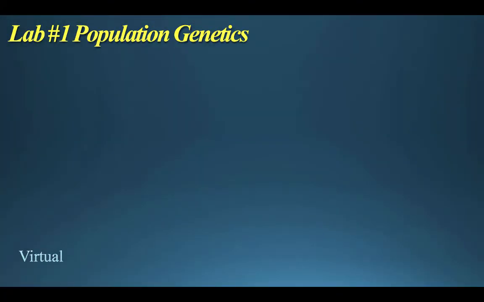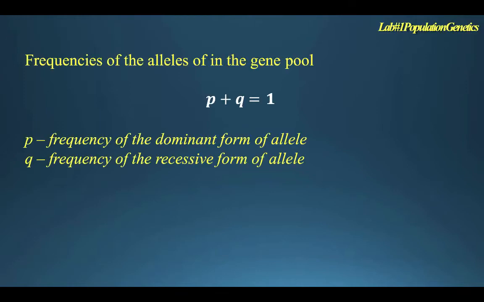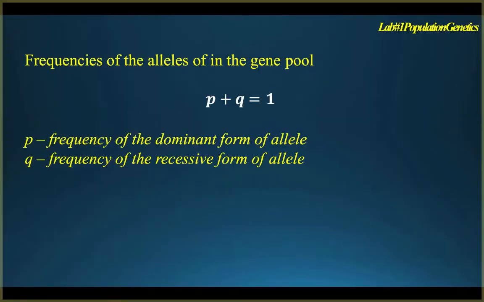So I talked about essentially that this was created by two individuals. Hardy and Weinberg proposed the Hardy-Weinberg equation to calculate the allele frequencies. There are two of these equations. The first one is the frequency of the alleles in the gene pool. This is just saying P plus Q equals 1. P is the frequency of the dominant form of the allele. So how many P's are there?